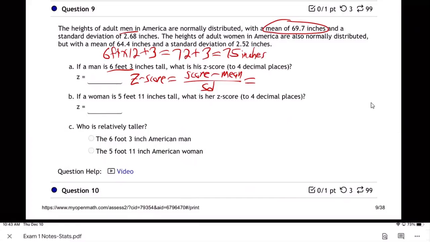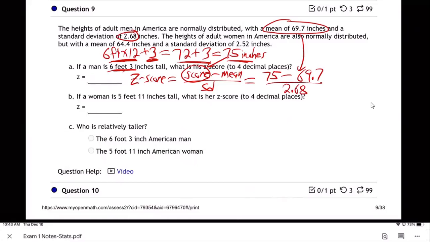You good with that? I just took the 6 feet times 12 inches in every foot, added the 3 inches. He's 75 inches tall. So that's his height score, 75 inches minus the mean for men, 69.7, divided by the standard deviation for men, 2.68. So that's what we have to figure out.